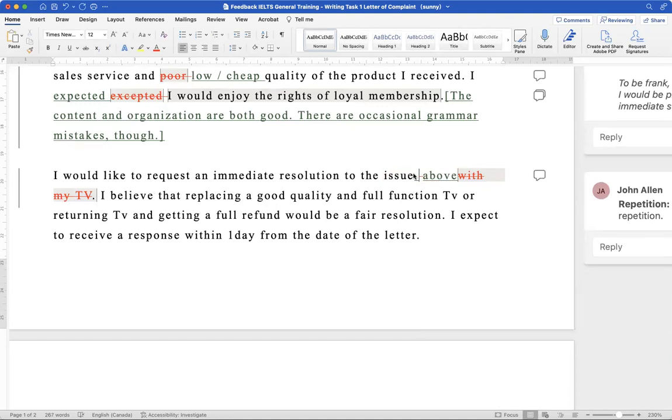I believe that replacing a good quality and full function TV, full function. This doesn't sound natural to me.